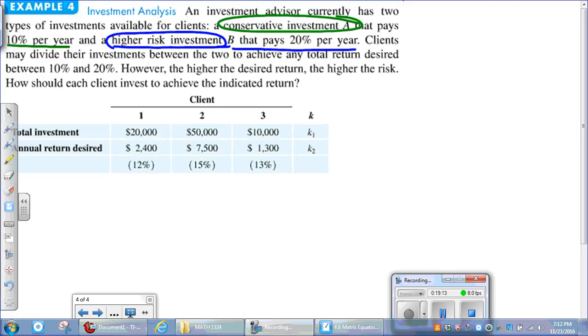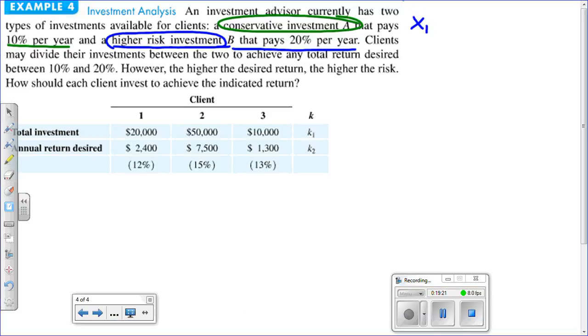So first we need to create 2 equations, and the way we're going to do this is by first defining our variables. So we're going to say that x sub 1 is going to represent the amount. The question is asking how should each client invest?